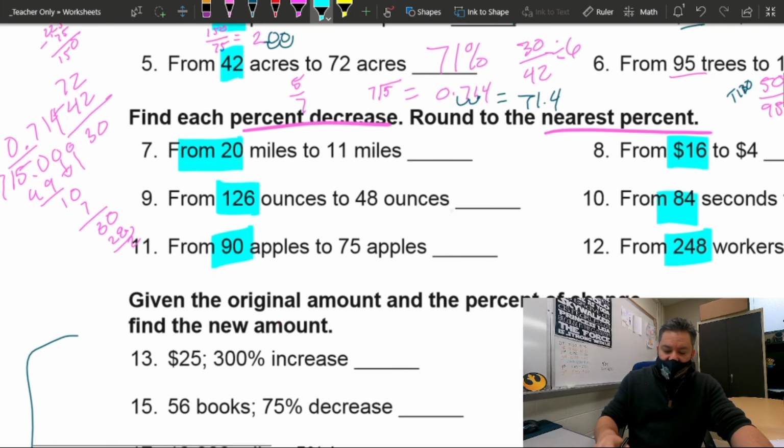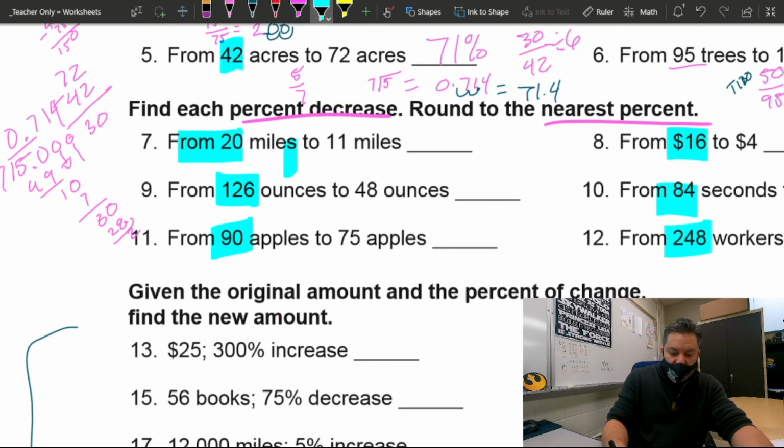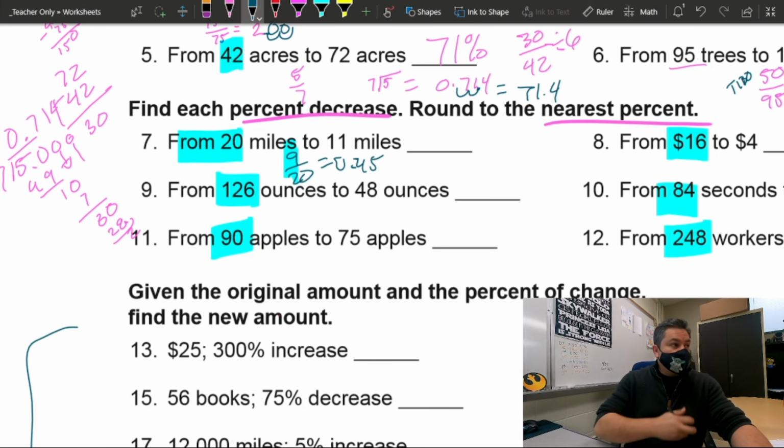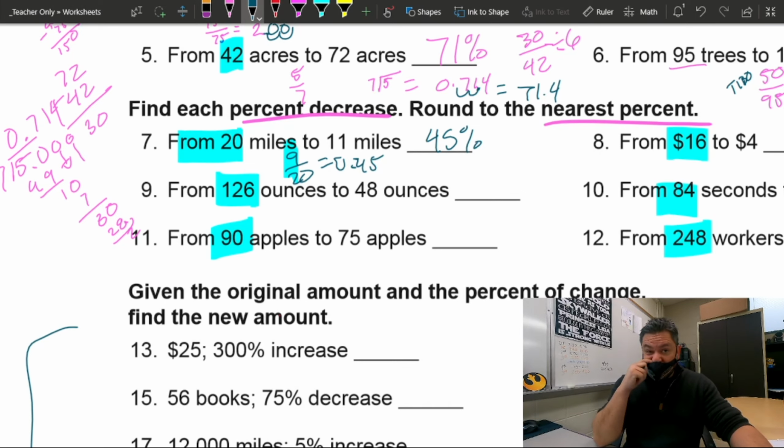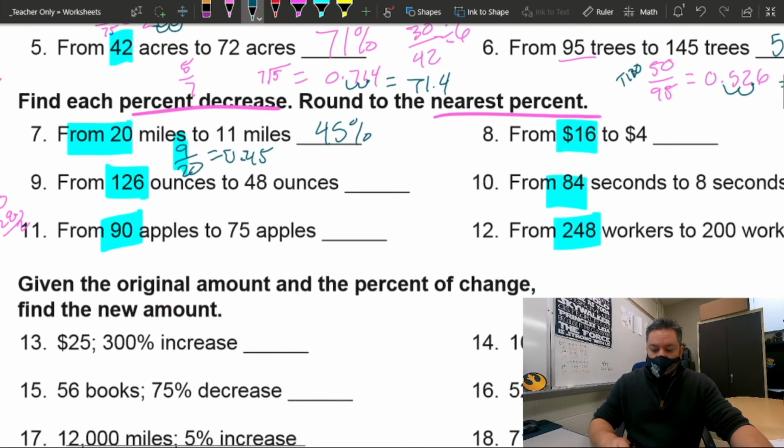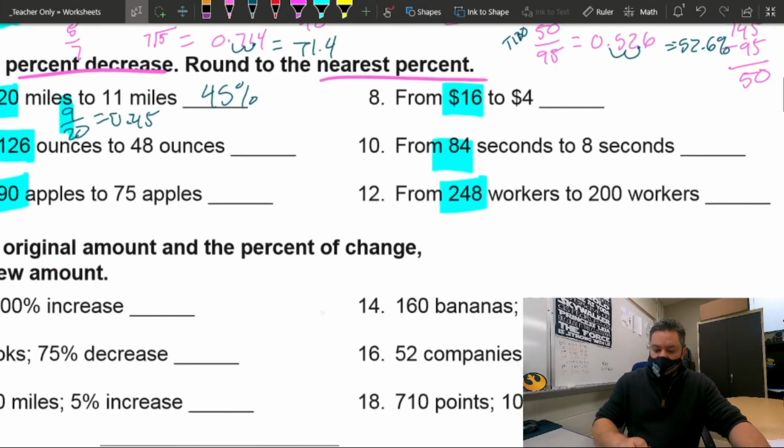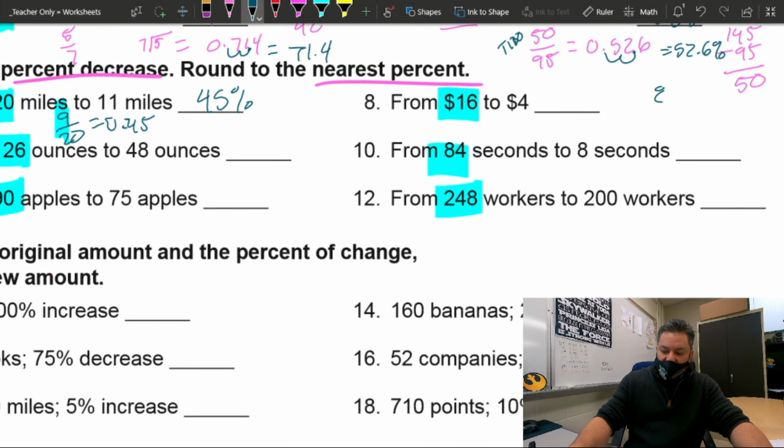Okay, number 7. 20 minus 11, which gives you 9. 9 over 20 gives you 0.45. And if you move the decimal 2 places to the right, you get 45% decrease. Number 8. 16 minus 4 is 8. 8 over 16 is 1/2, or 0.50.